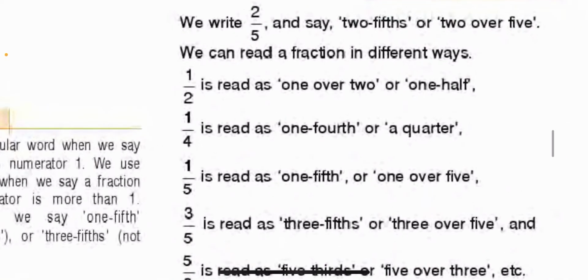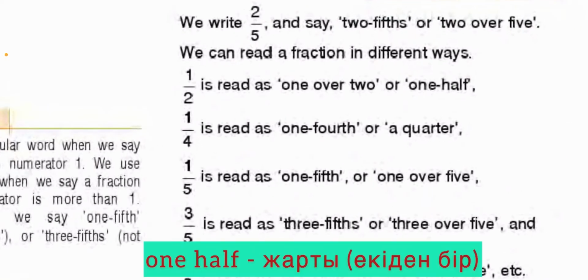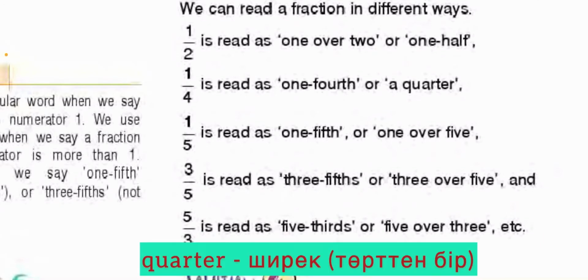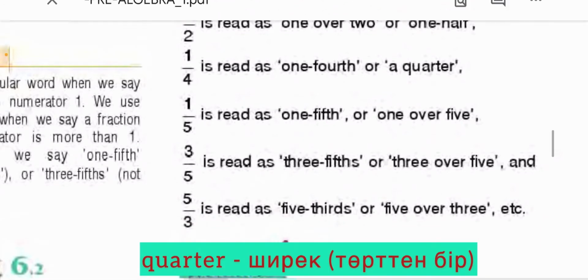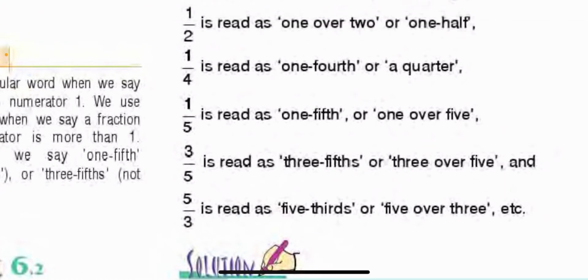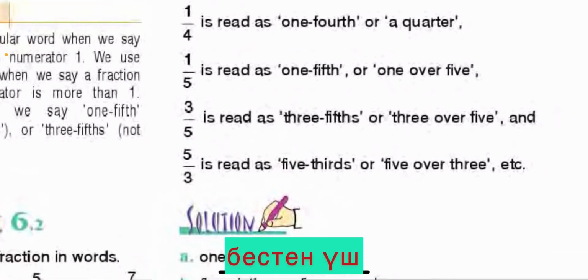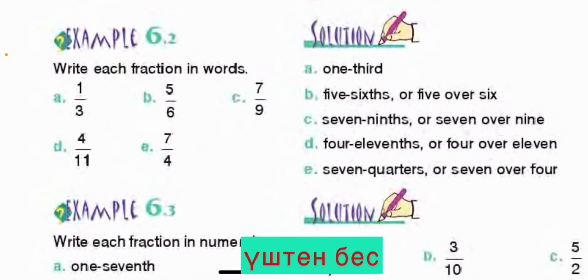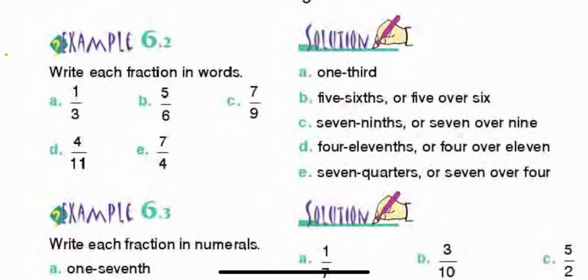1/2 is read as one half or a half. 1/4 is one fourth or a quarter, 1/5 is one fifth, 3/5 is three fifths, 5/3 is five thirds. Now look at some examples. We pronounce these numbers as written on the right.